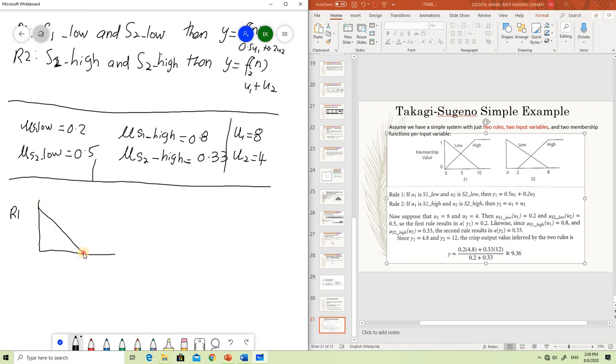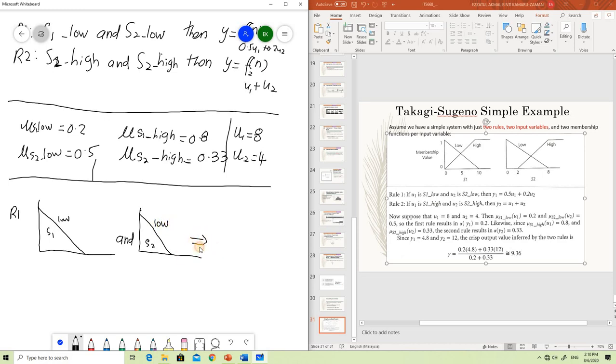So it will be this one with low. So this is S1, right? And S2 is low. So how is the second graph? Okay, the second graph would be like this, low. So it will be this one. Okay, S2 low.